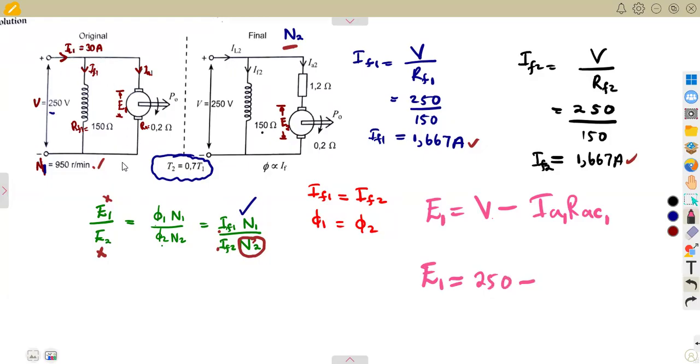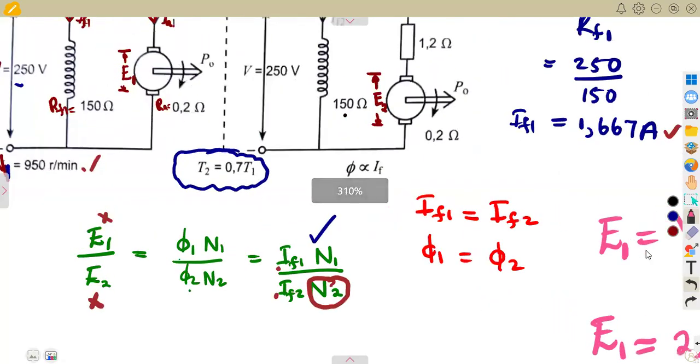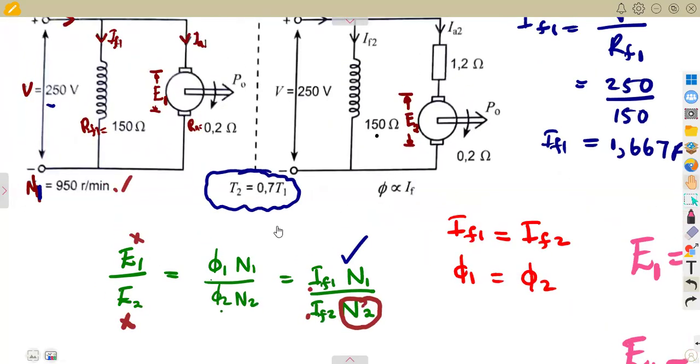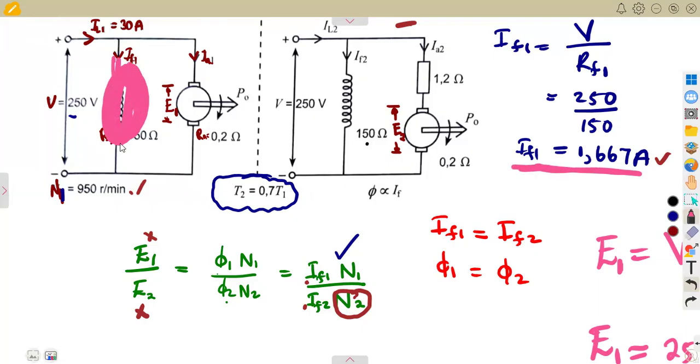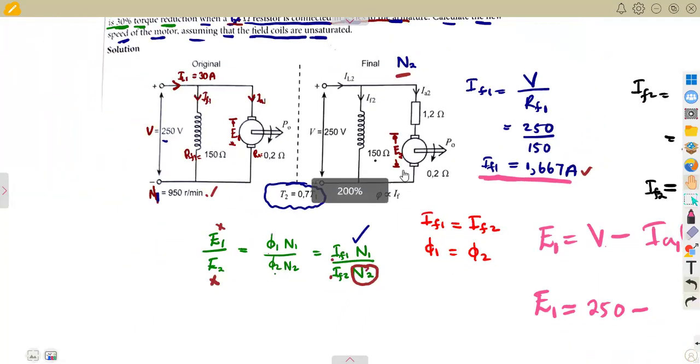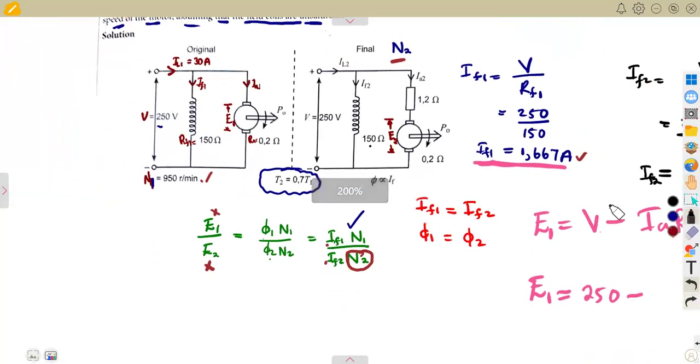All right, so the armature current, let us consider our diagram. If you consider your diagram, you are going to see that there is no armature current, but remember you calculated the shunt field current. So you can take advantage of that. Remember, on a shunt motor, we are now forced to have this in our calculation, okay?